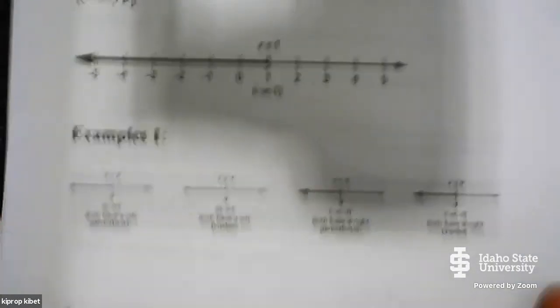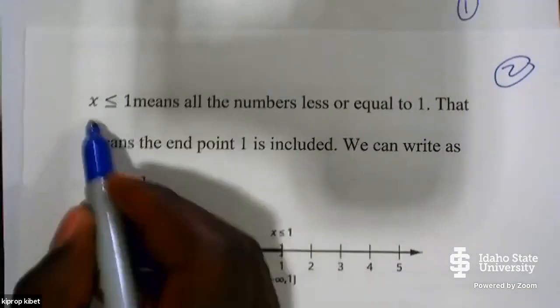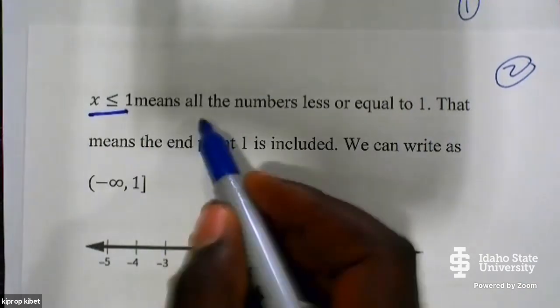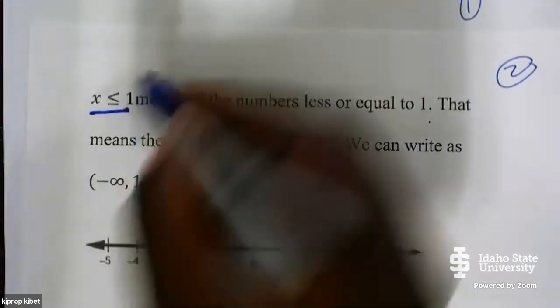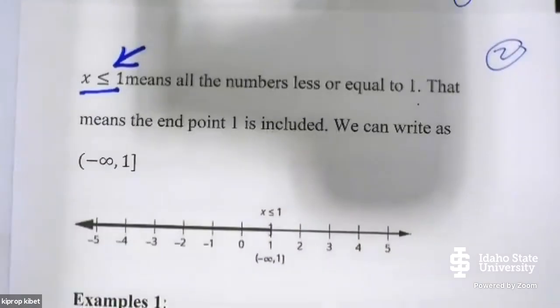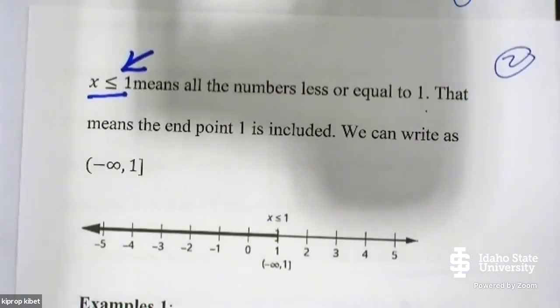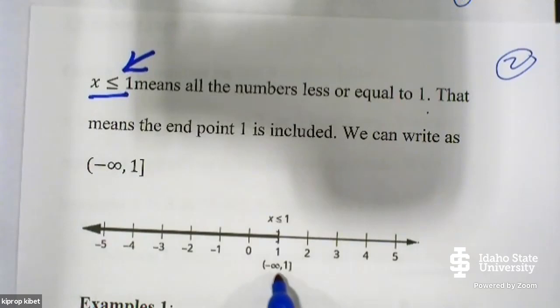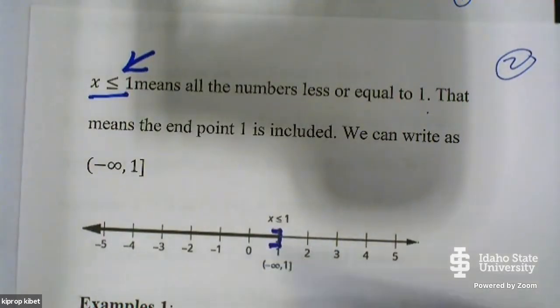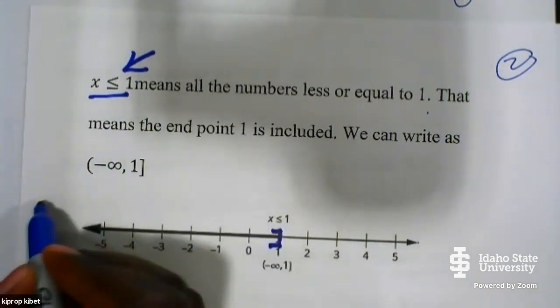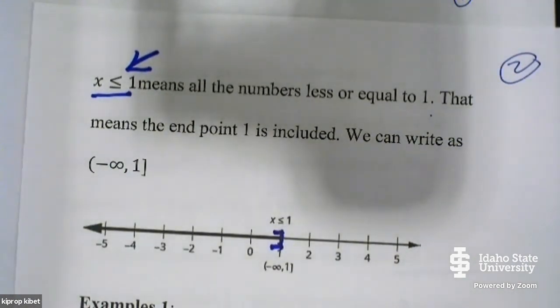So here, before we go to that, let's come to this. So when x is less than 1, means the numbers less than 1, less or equals to 1. So we include the value of 1 there. Okay. So here, if it is this, then we use the brackets that, and then those are the values which are in the negative direction.